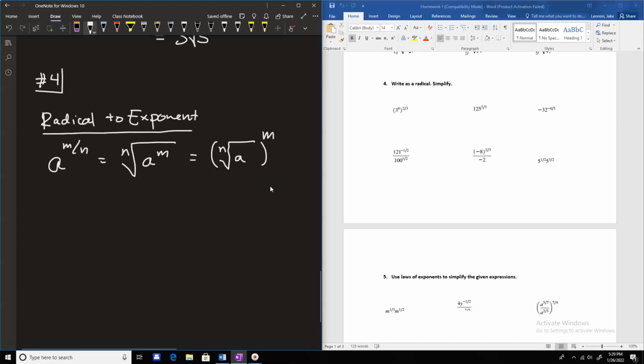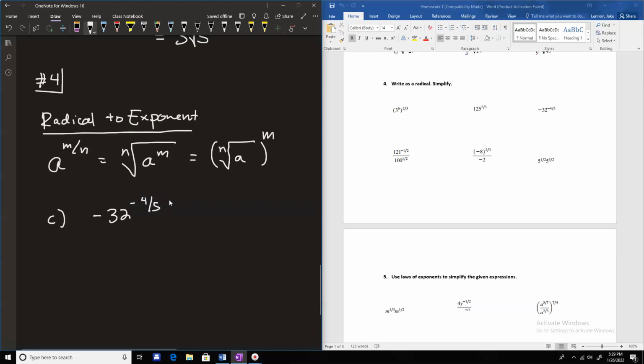So why don't we look at, I don't know, let's say something like c. So if this is c, we have negative 32 to the negative 4/5.